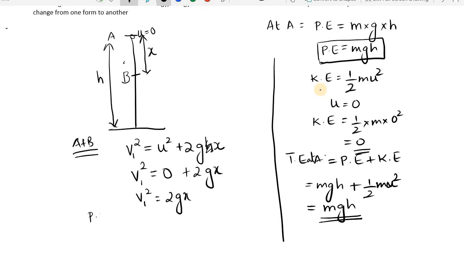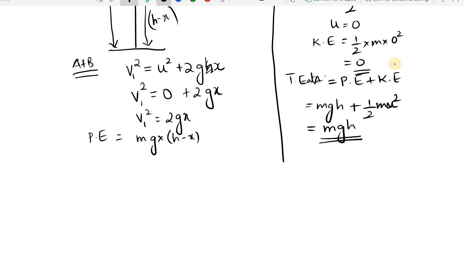The potential energy at this point would be m into g into the height above the ground. So the height above the ground here is, the total is h. The distance here is x. So this would be h minus x. So the potential energy would be m into g into h minus x.